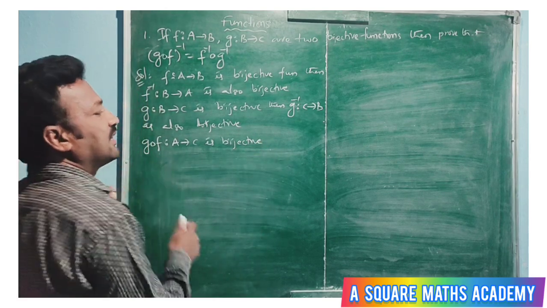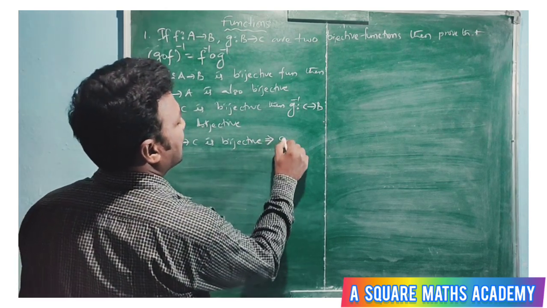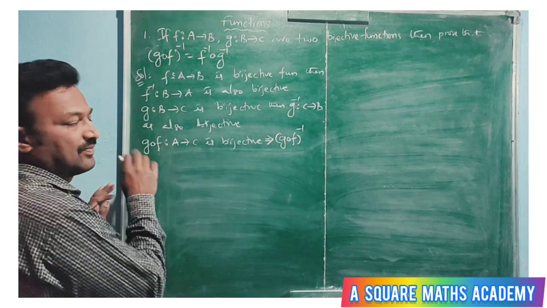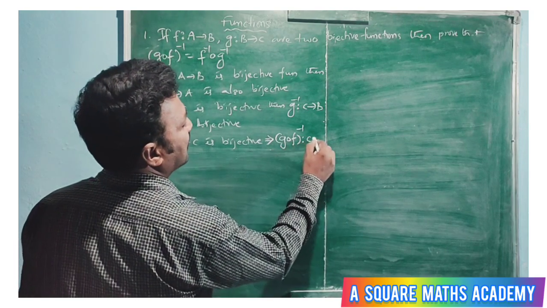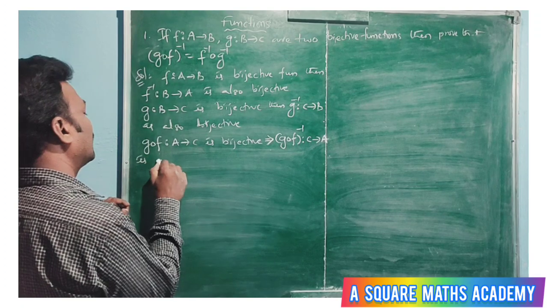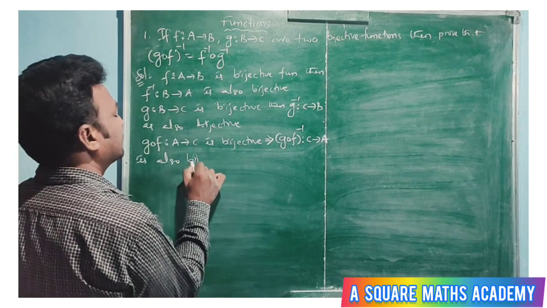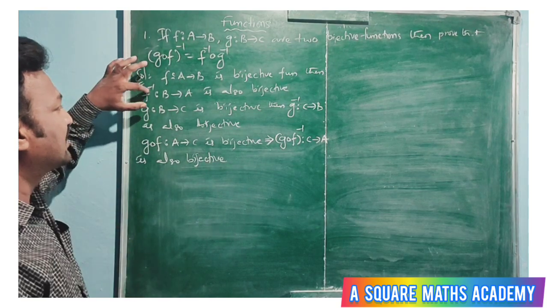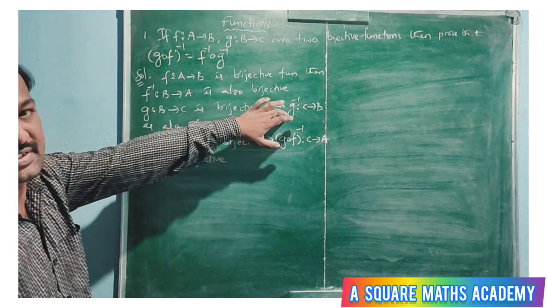Okay. So this is bijective, that implies (g∘f)⁻¹ is also bijective, from C to A, as we wrote earlier. So f inverse and g inverse are bijective functions.